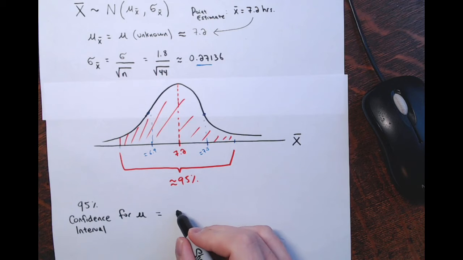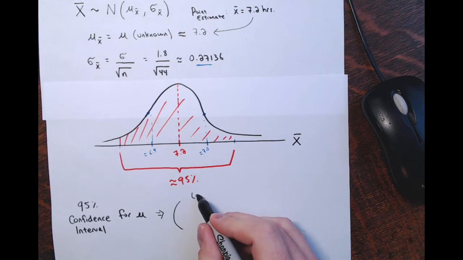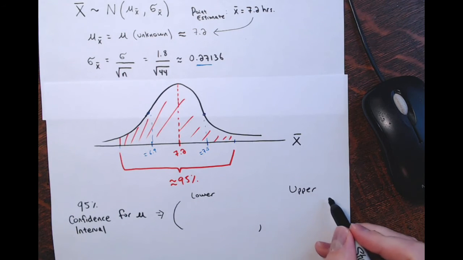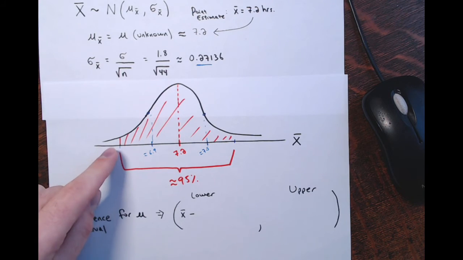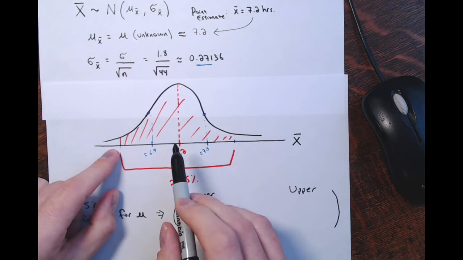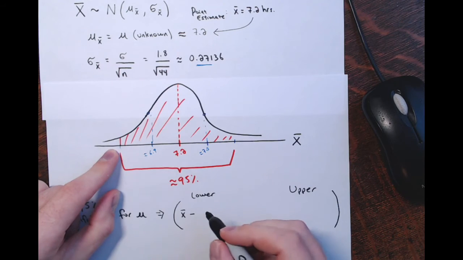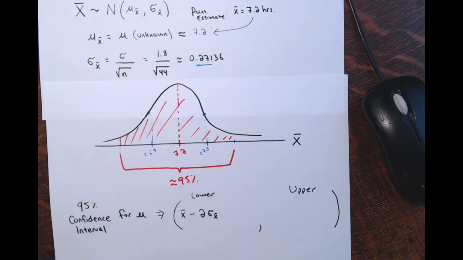Now remember, there's a lower bound and an upper bound. The lower bound is our point estimate, which is x bar, minus 2 standard deviations, right? We're doing 95%. So the lower value in this interval is minus 2 of those sigma x bars.